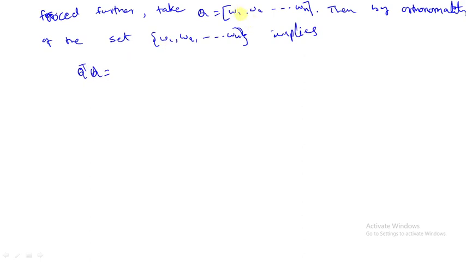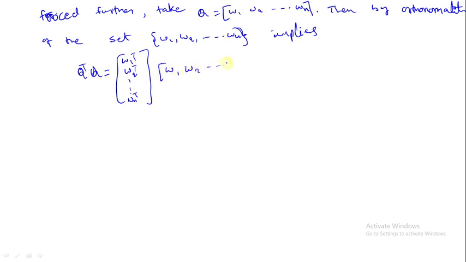Q transpose means each column is transposed: w1 transpose, w2 transpose, and so on, wn transpose, multiplied by Q, which is w1, w2, wn.